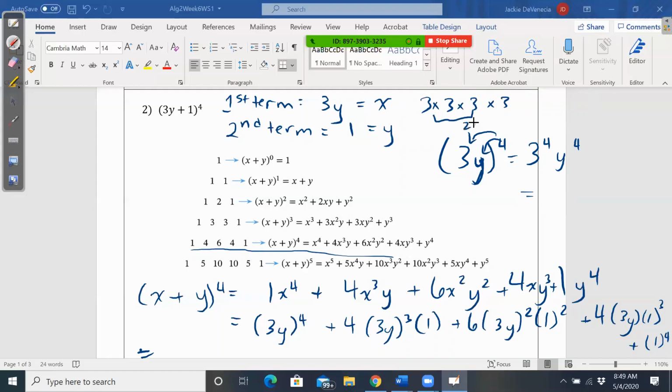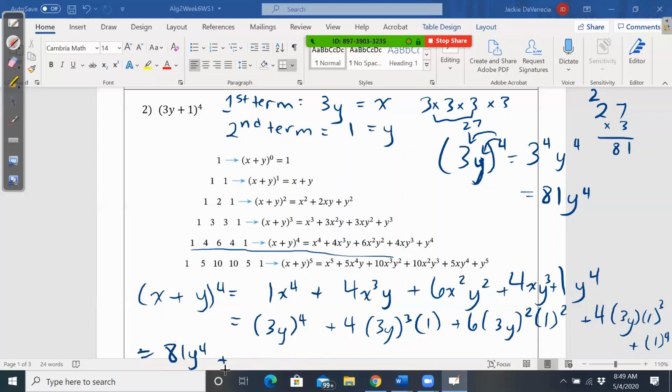This I know gives me 27. So then I have to do 27 times 3. That's 81. So this will be 81 y to the 4th. So my first term is going to be 81 y to the 4th.